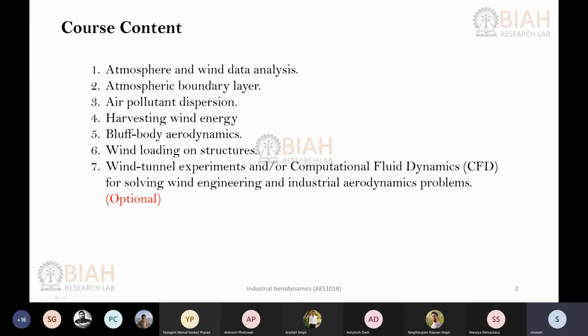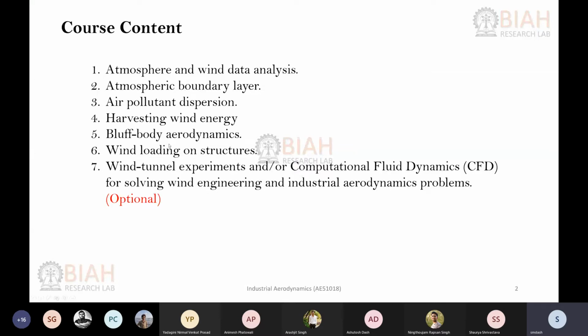Subsequently, once you know the details of the wind, we will look into how you can harvest wind energy: different types of devices like wind turbines, various wind turbines, and ongoing research on wind turbines, which I will also try to cover.